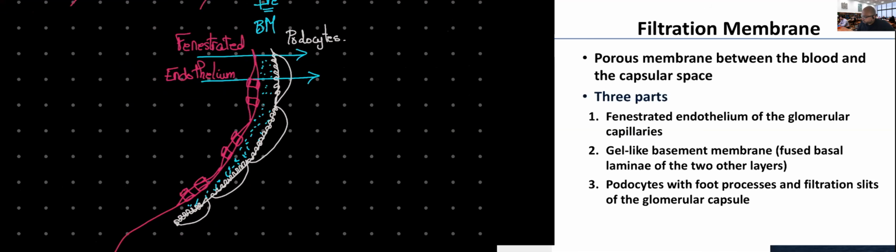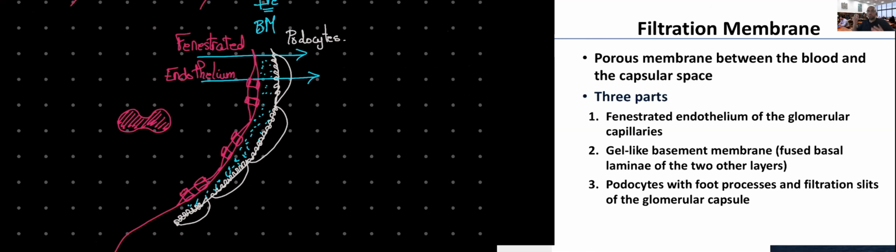So what can filter and what can't be filtered through this filtration membrane? The first thing that can't be filtered are my blood cells, because blood cells are larger than the fenestrations of the endothelium.